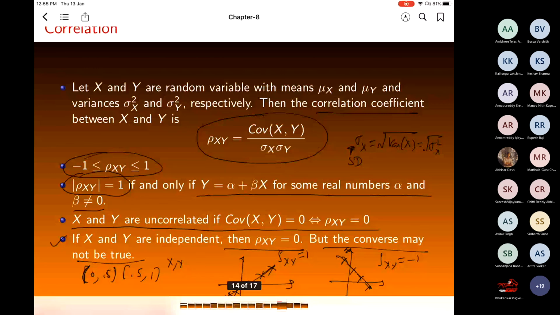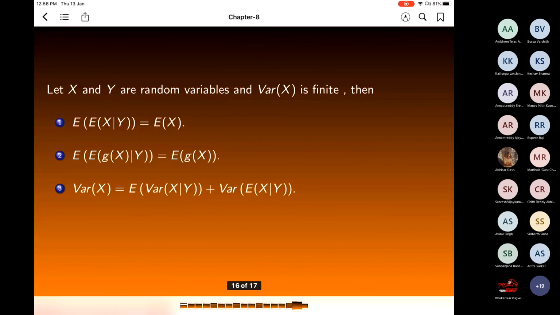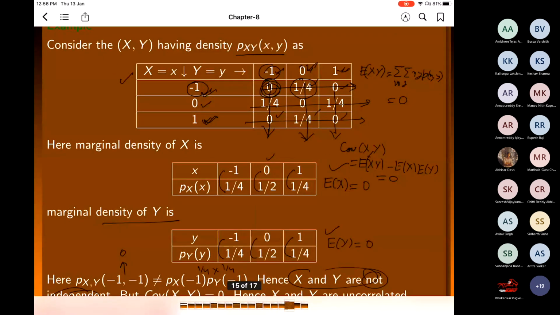Next time we will start with these kinds of relationships which will be used later. Any question till now?